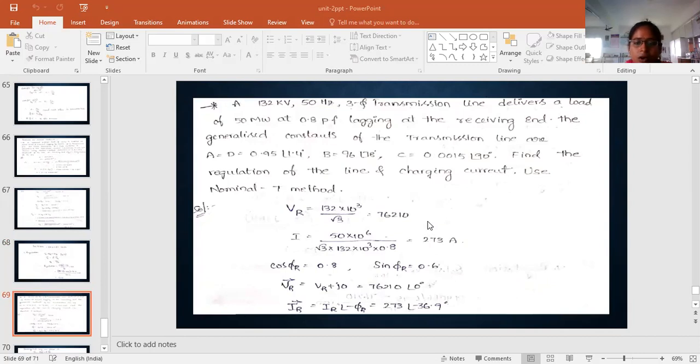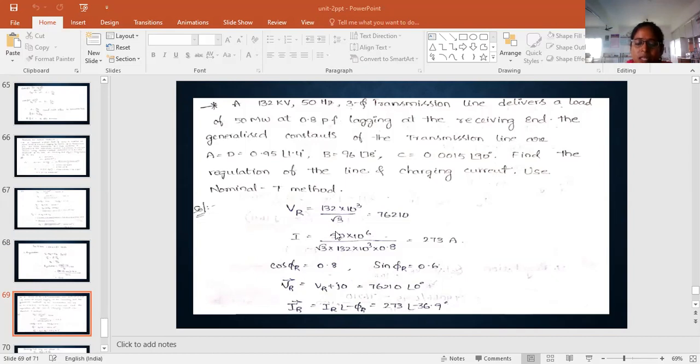The generalized constants of the transmission line are A and D equal to 0.95 at an angle of 1.4, B equal to 96 at an angle of 78, and C equal to 0.0015 at an angle of 90. Find the regulation of the line and the charging current using the nominal method.